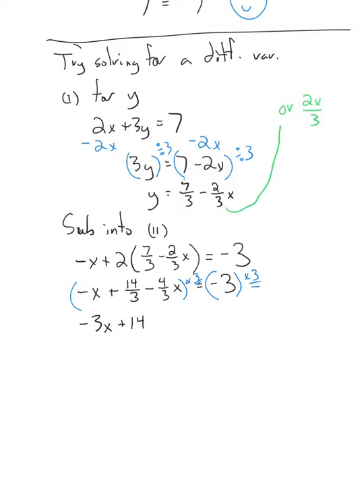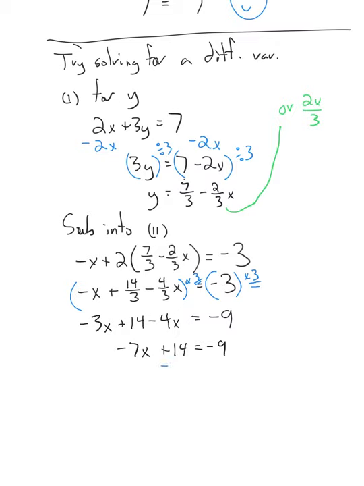Negative 4/3 x times 3 is negative 4x. And negative 3 times 3 is negative 9. All right, let's clean up. So negative 3x minus 4x is minus 7x plus 14 equals negative 9.